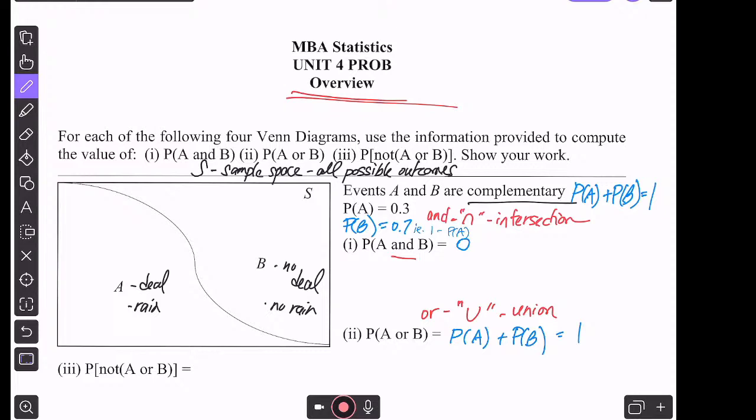And in this case, complementary events, it's always going to be 1. It doesn't even matter that I know what the probabilities are. I know that the total, the sum, will be 1. Or 100%.